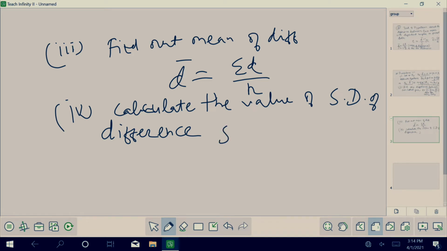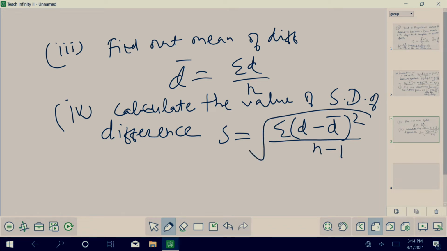First, S is equal to square root of sigma bracket d minus d bar whole square divided by n minus 1. Remember, in the other two formulas, where we use degree of freedom as n minus 2, we are using two samples.